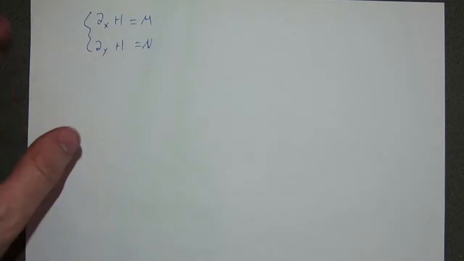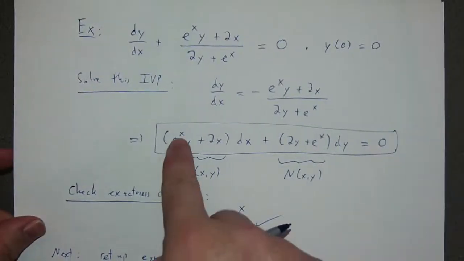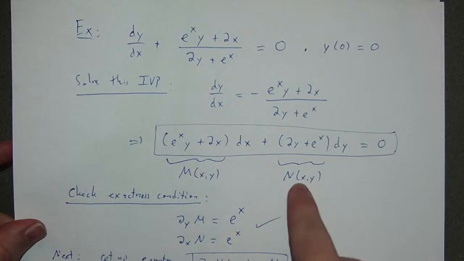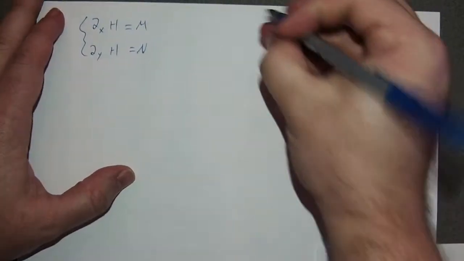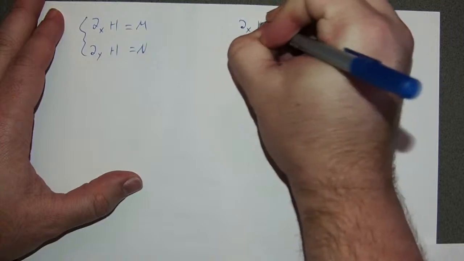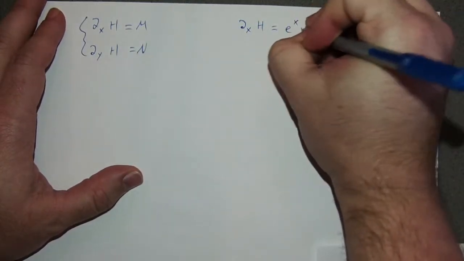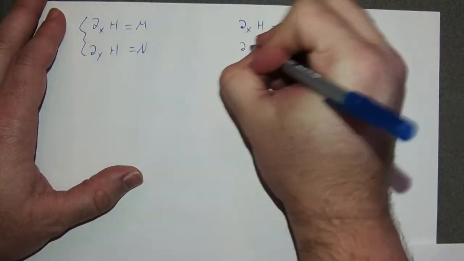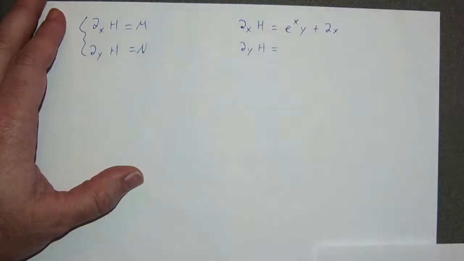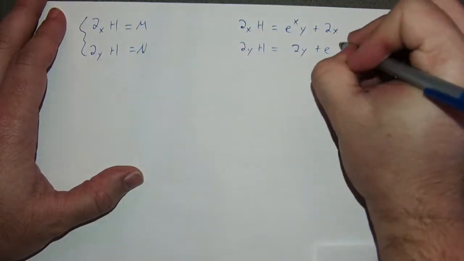M is e to the xy plus 2x, and N is 2y plus e to the x. So rewriting this, the x partial of h is equal to e to the xy plus 2x, and the y partial of h is 2y plus e to the x.